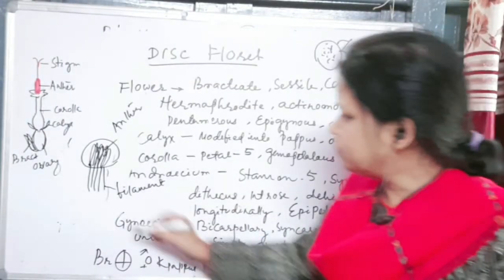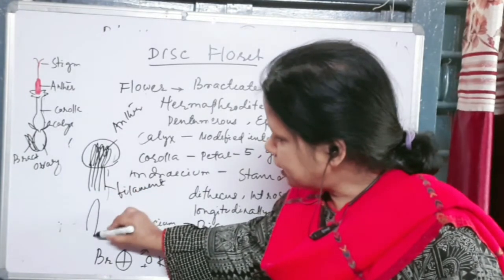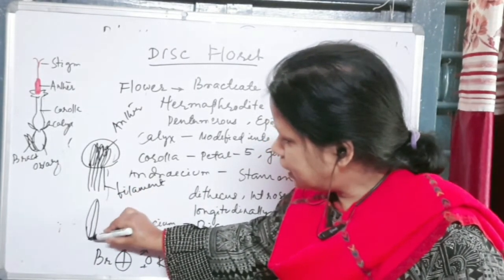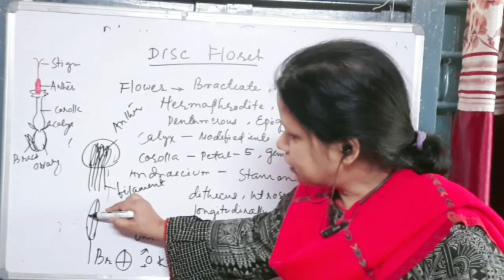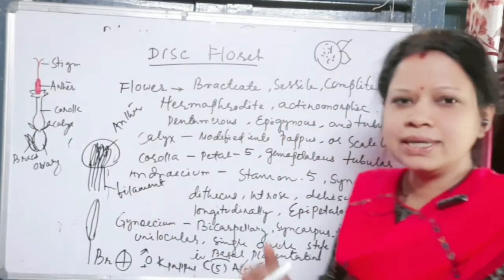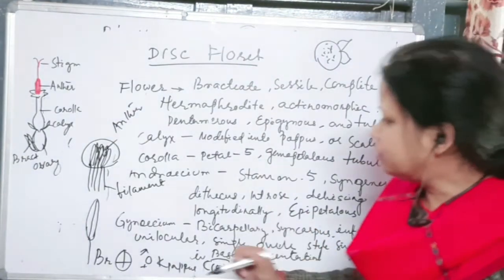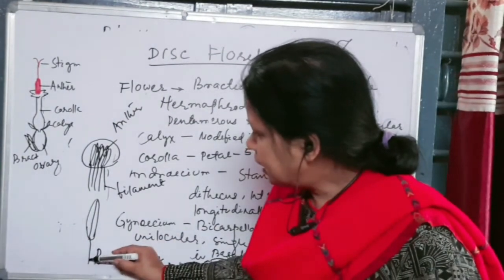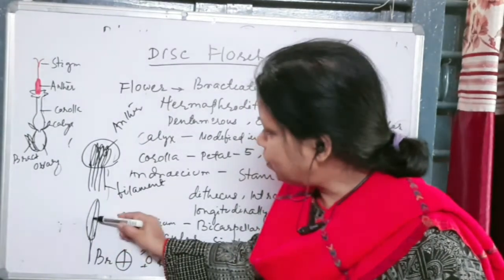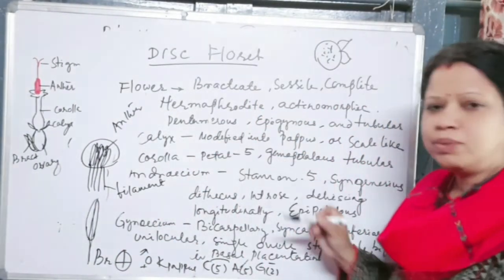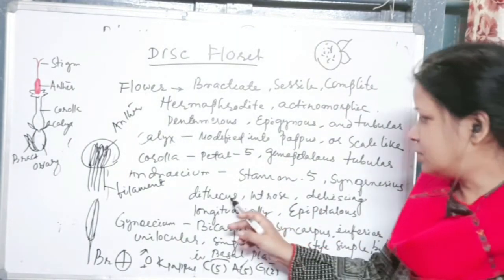Dithecous. Dithecous means the anther is divided into 2 lobes. If this is the anther and filament, the anther divided into 2 lobes, that is dithecous. Introrse. Introrse means the anther opens inward, toward the center of the flower.